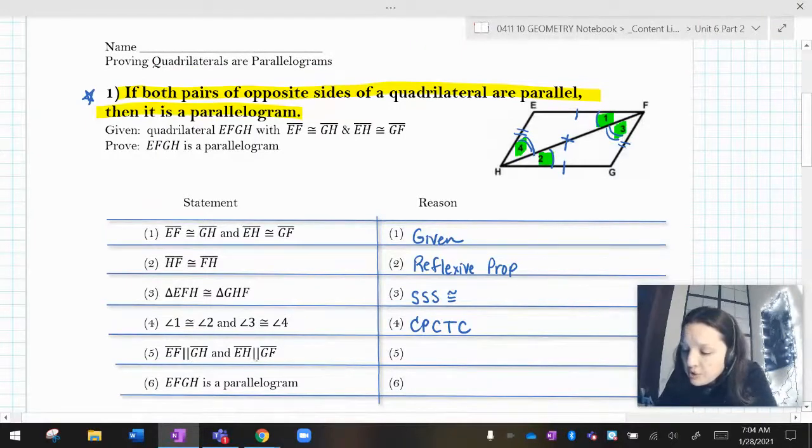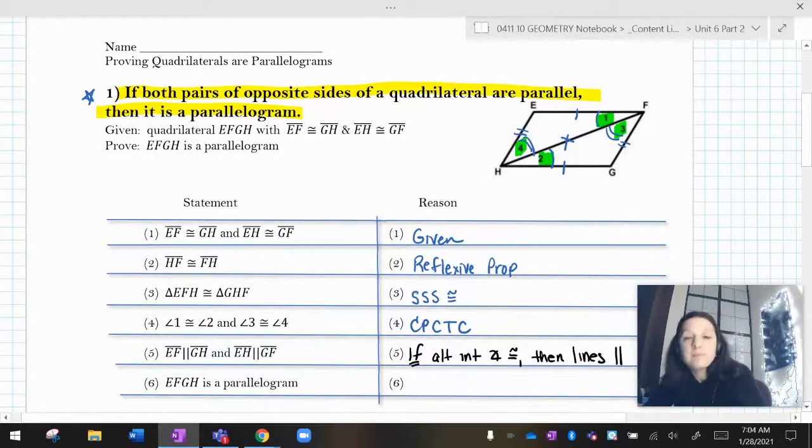So EF and GH are parallel, EH and GF are parallel, because if alternate interior angles are congruent, then the lines must have been parallel. And then last but not least, EFGH is a parallelogram because both pairs of opposite sides are parallel. Okay, cool.